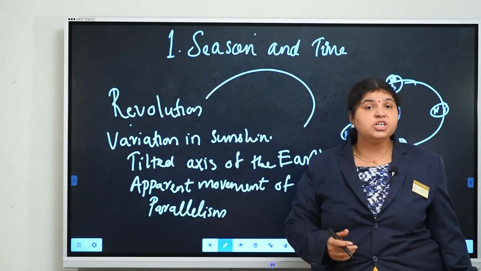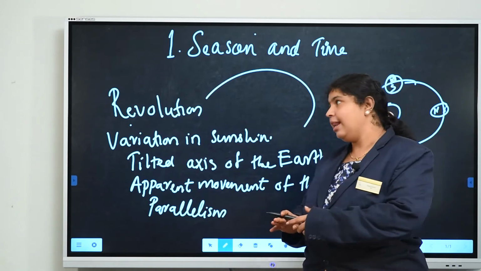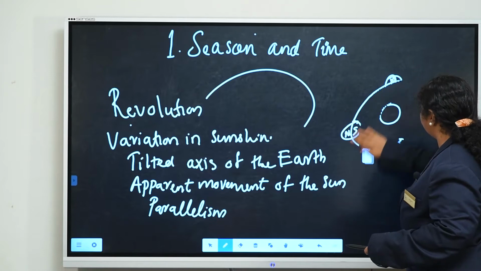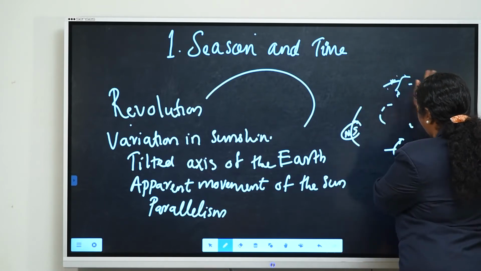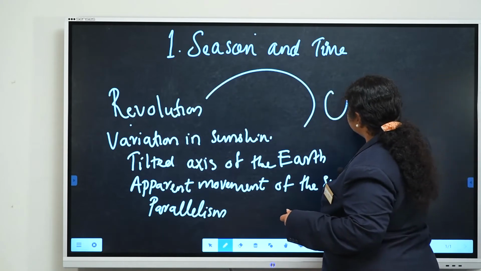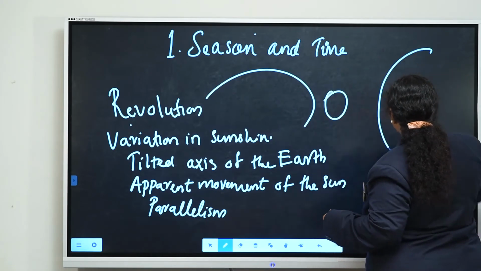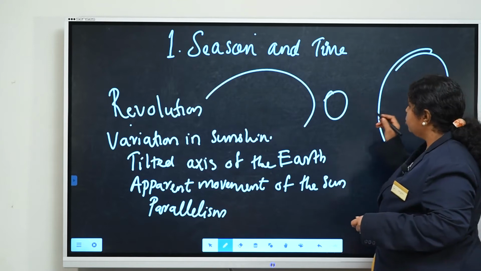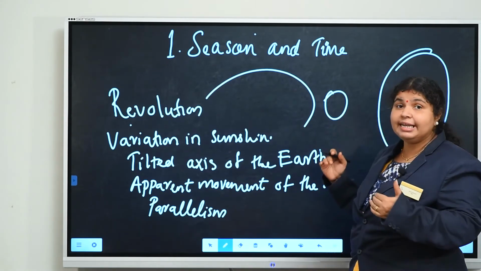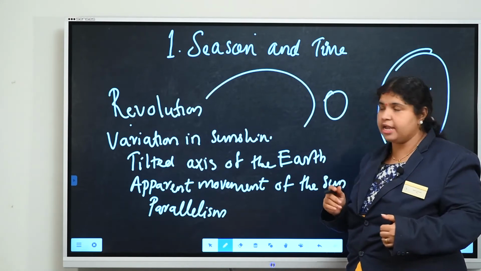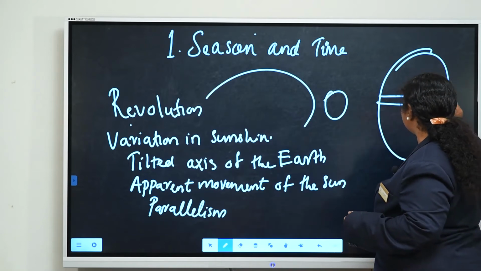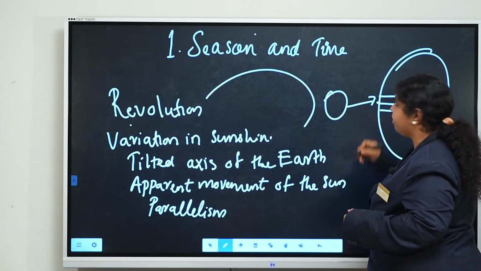Next is variation in sunshine. Let's check. The sun's position is here and this is the earth. Variation in sunshine means all the regions don't get an equal amount of sunshine. See, this is the equatorial region. The equatorial region receives direct sun rays.